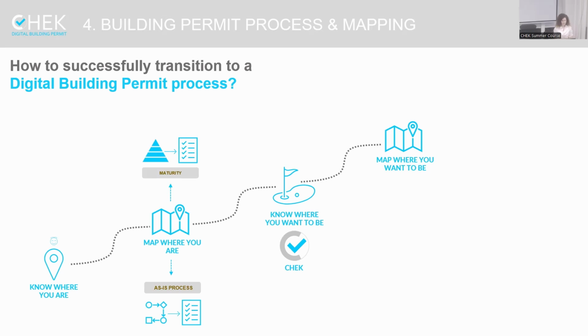We didn't have it translated in a process language. So we had to map again where we wanted to be, and this was a vision map, not the existing map. So we built again the to-be process map in alignment with all the as-is that we had mapped.